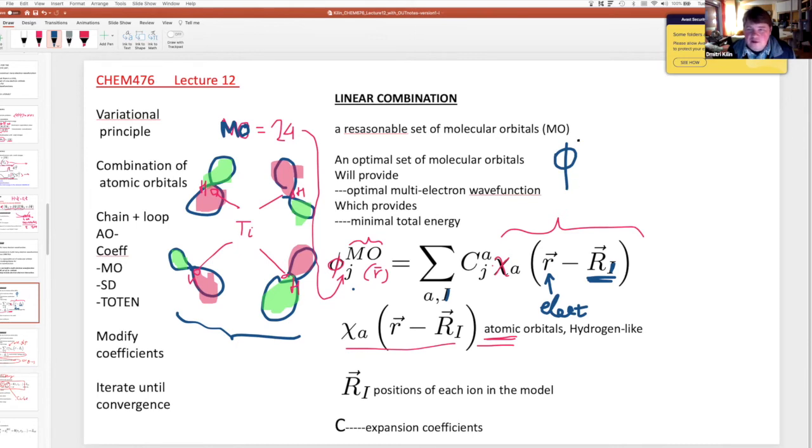Okay. So if we write MO equals 24 for our titanium hydroxide as a function of r, then we can say there will be 4 terms. So p orbital, let's say p means L equal 1.